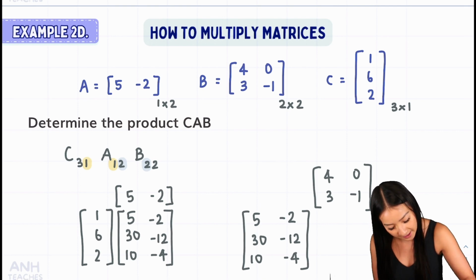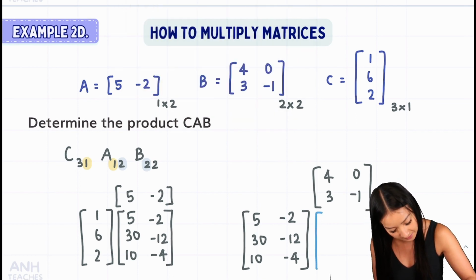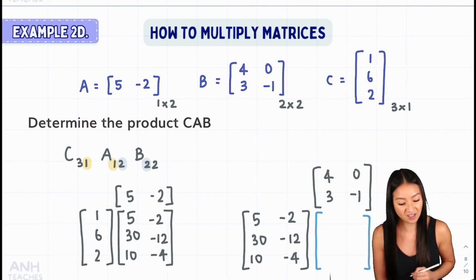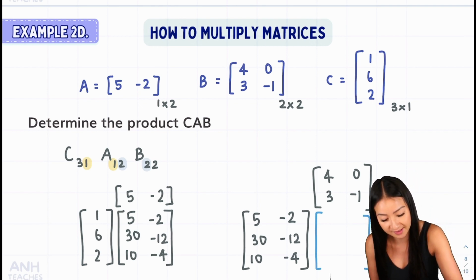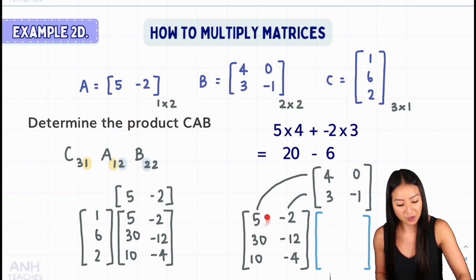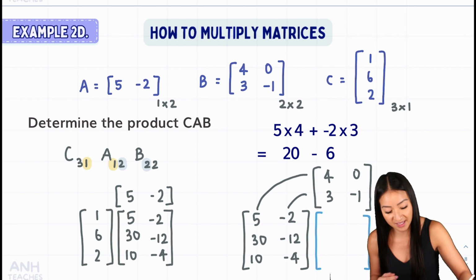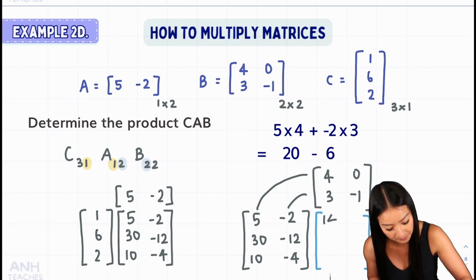And my answer, which I might do in a different color bracket, is going to be a 3 by 2 matrix. For this element, I've got 5 times 4 plus -2 times 3. So 20 plus -6, or 20 take 6, which is 14.